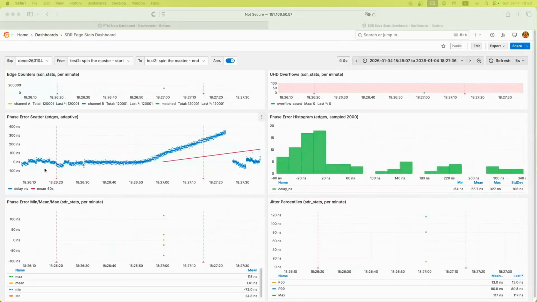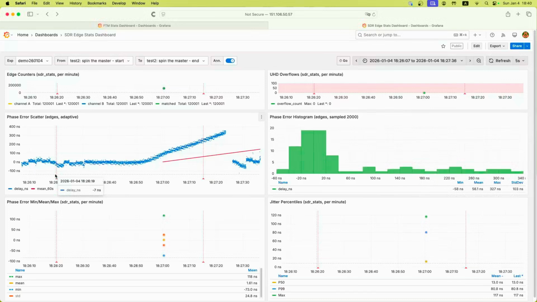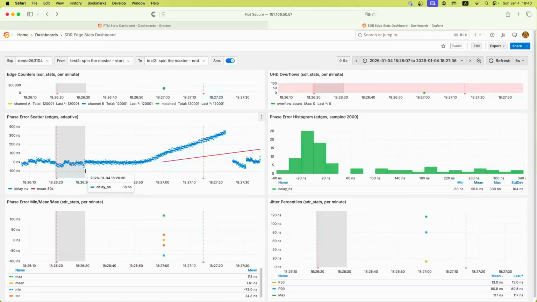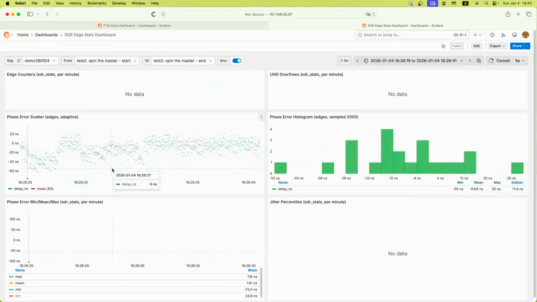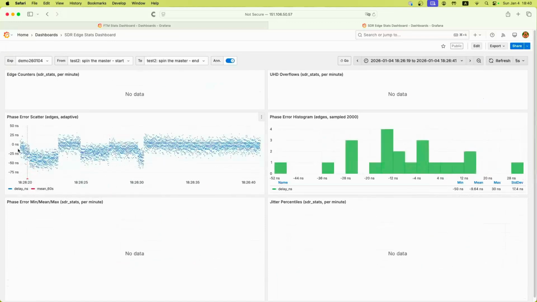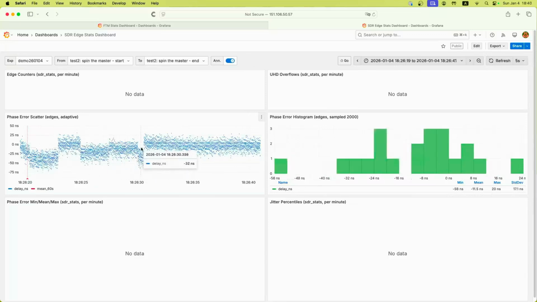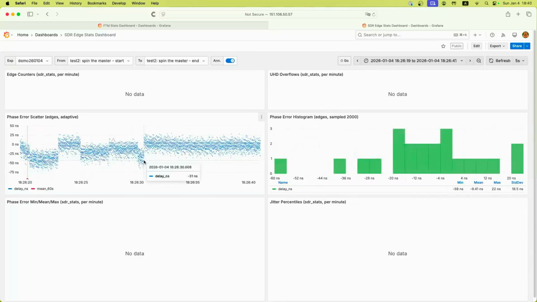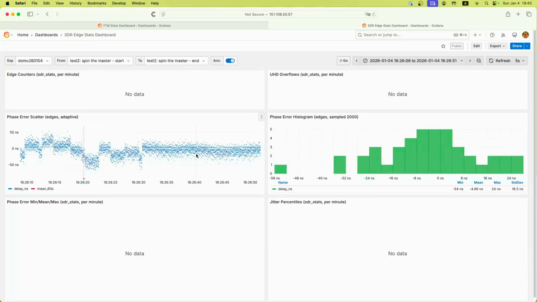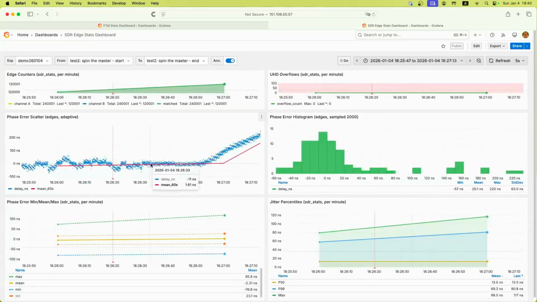Let's have a look what was going on when we powered off and powered on the master. Let's zoom in to 10 seconds before master was powered off and 10 seconds after. So here we can see slaves were receiving FTM updates and they were adjusting the frequency constantly. Somewhere around here, master was switched off and there was no updates for a while.